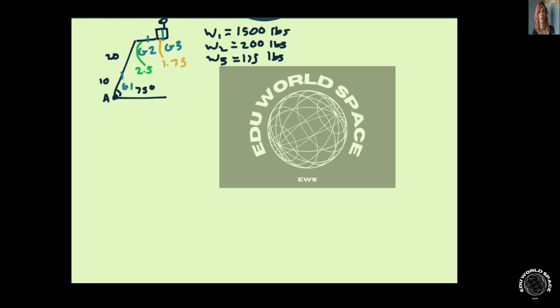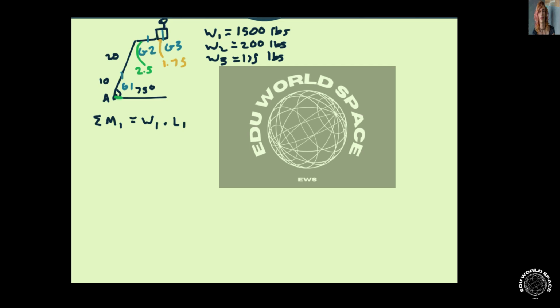Okay, so first we're going to find the moment of the first weight, so just the boom itself. I'll call this M1. M1 is equal to our weight times the length of the lever that we're dealing with here.